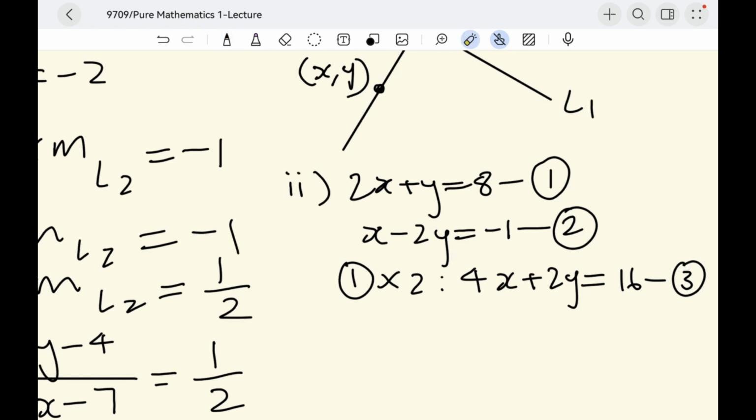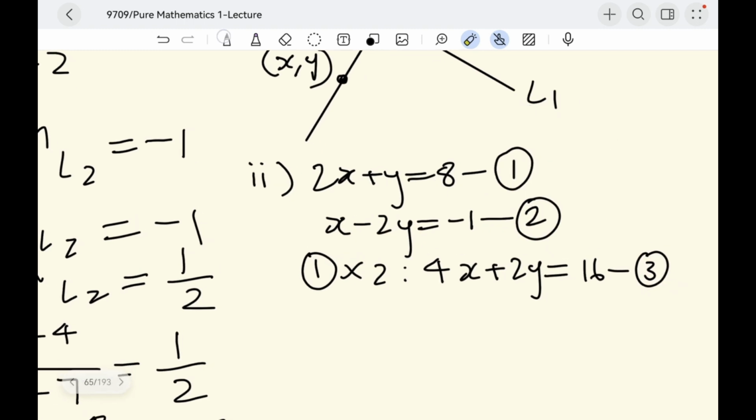You'll spot that there's a plus 2y in equation 3, and there's a negative 2y in equation 2. So what I am going to do is combine the second equation with the third equation. Or we can rephrase it as the sum.